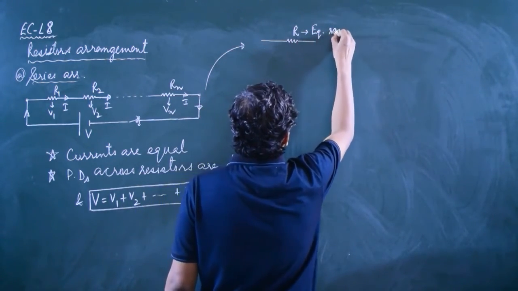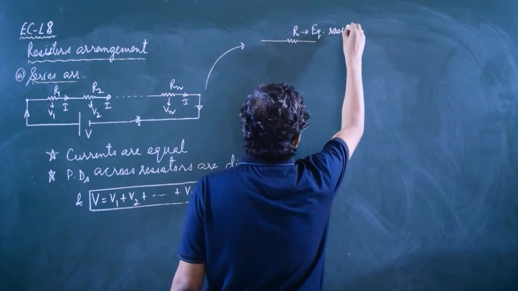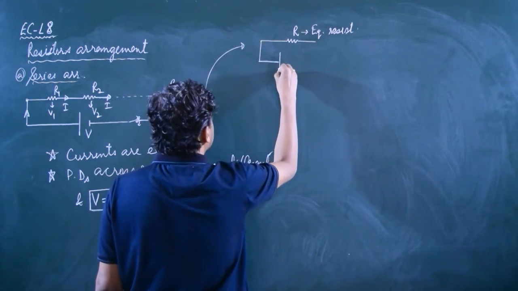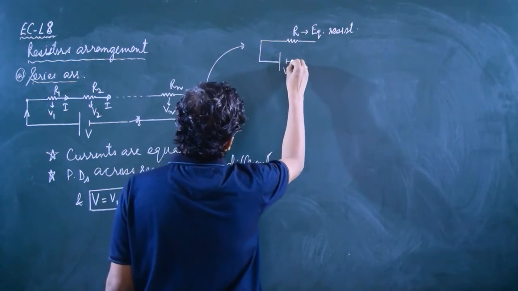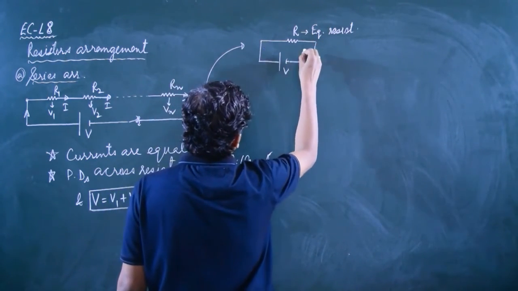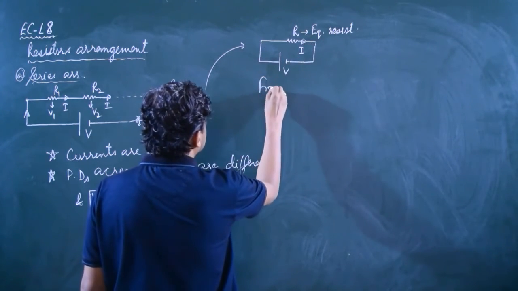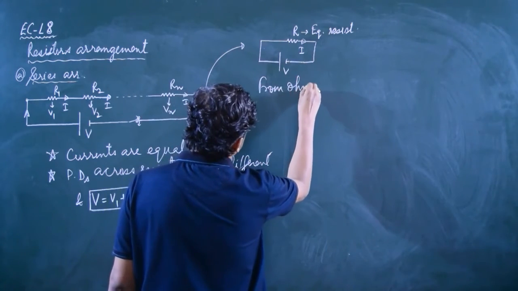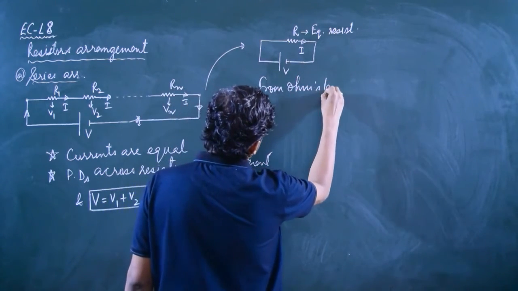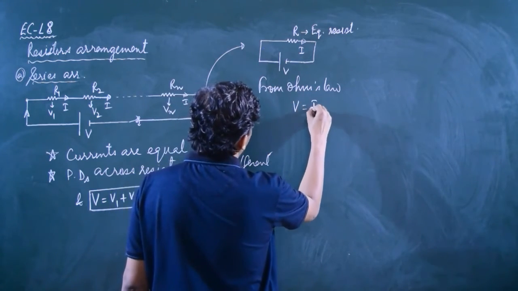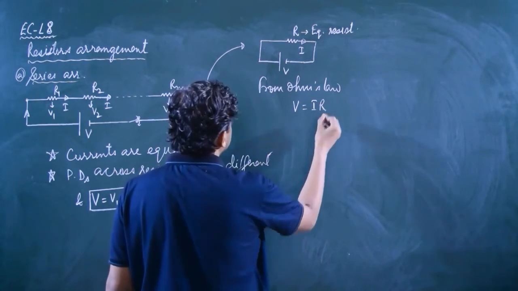It is the equivalent resistance of the circuit. Supply we have V and the current flowing through this resistor is I. Then from Ohm's law, we have V is equal to IR.